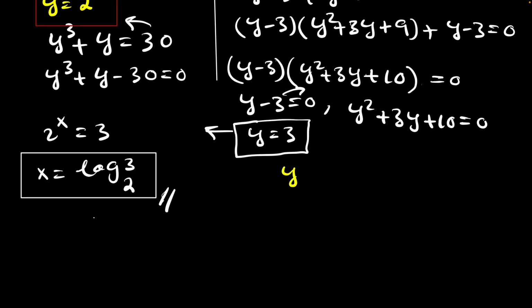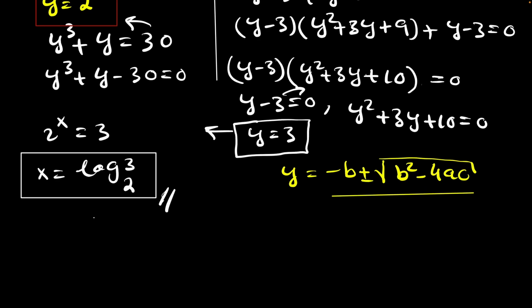I can write y is equal to negative b, positive negative, because every quadratic equation has 2 roots. That's why I wrote positive and negative, b squared minus 4ac over 2a.